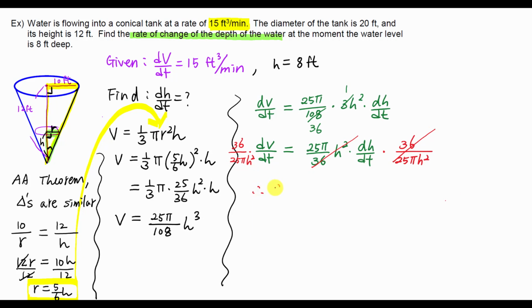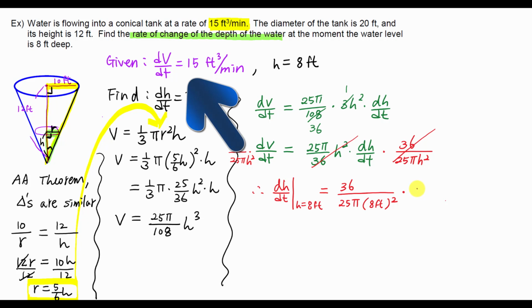So then your dh/dt when h equals 8 feet is equal to 36 over 25 pi, and our h is in the bottom, so you need to put the 8 feet in the bottom, squared, times dV/dt, and dV/dt is right here, which is 15 cubic feet per minute.